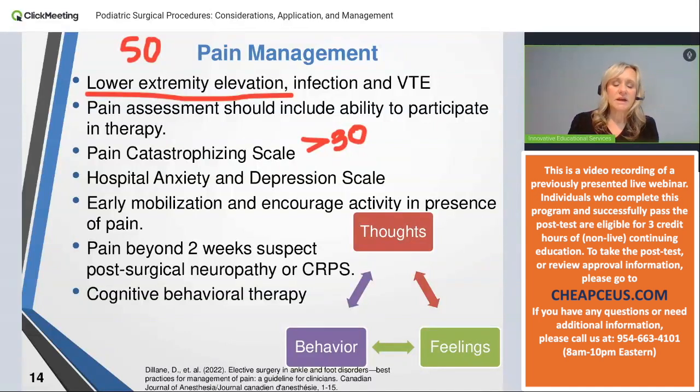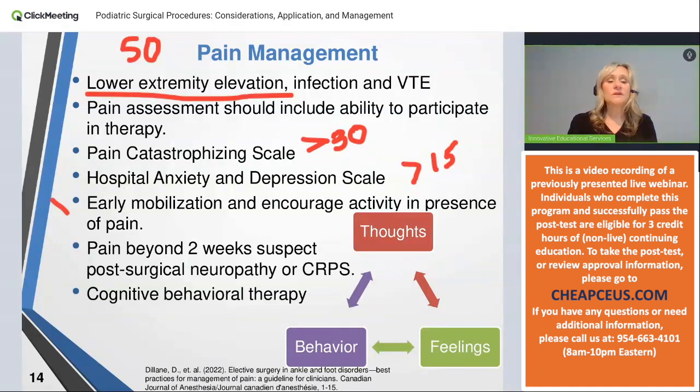And then the hospital anxiety and depression scale, a score greater than 15 on that scale means that that patient may benefit from additional resources and services to help them make that connection between their thoughts, behaviors, and feelings about pain and mobility, and then actually now being able to progress in rehab.